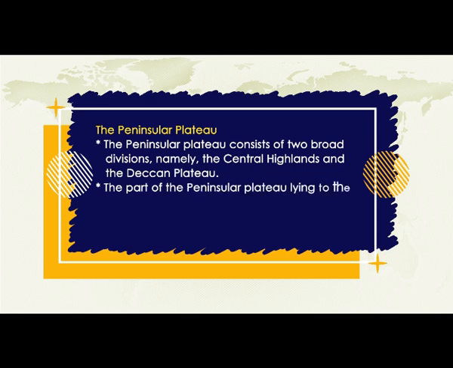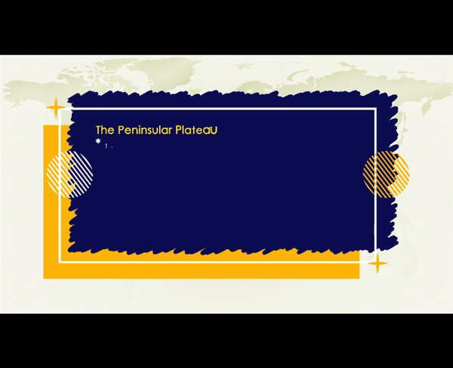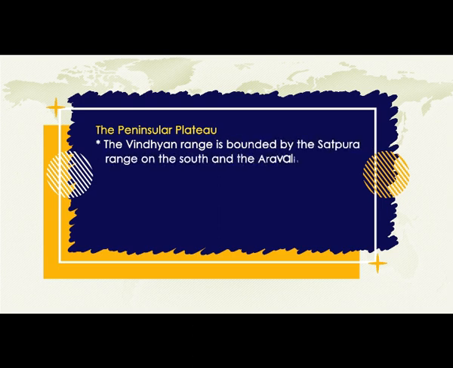The part of the peninsular plateau lying to the north of the Narmada River, covering a major area of the Malwa Plateau, is known as the Central Highlands. The Vindhya range is bounded by the Satpura range on the south and the Aravalis on the northwest.